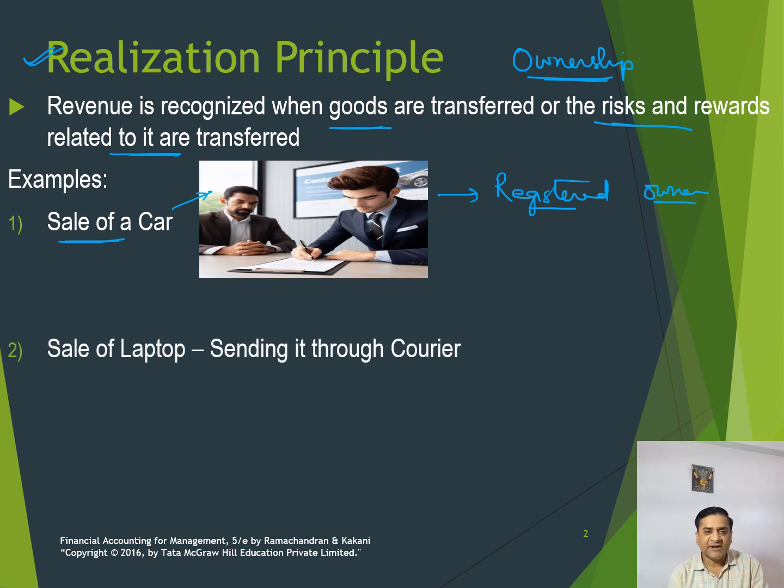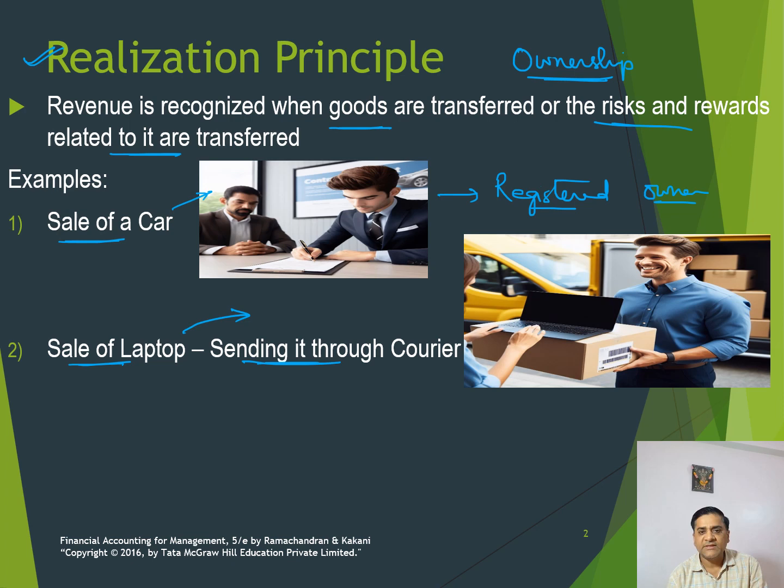Similarly, if we consider an example wherein a laptop has been sold which is being sent through courier. So do you think when the laptop has been given to the courier company, that would be treated as a sale? In this case, it would be the timing where the courier guy has handed over this laptop to the buyer.